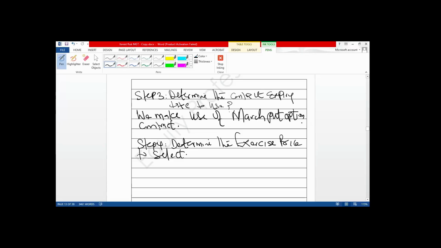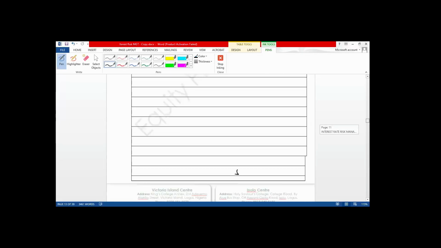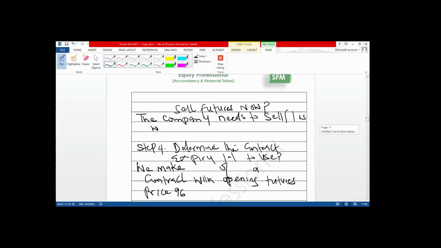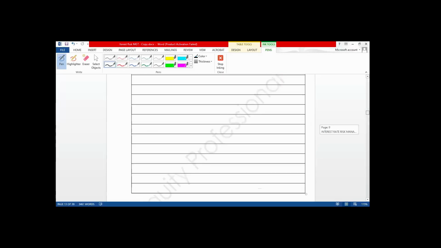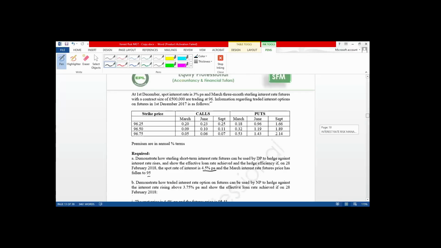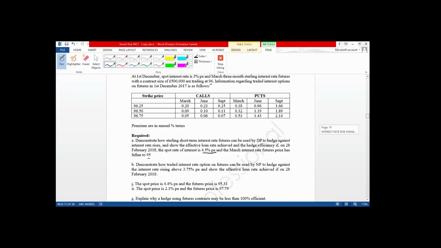We now go to the question. Examiner gave us a pointer. Look at it, please.